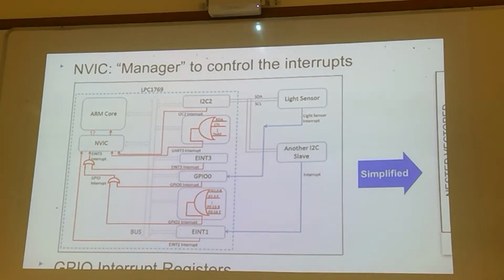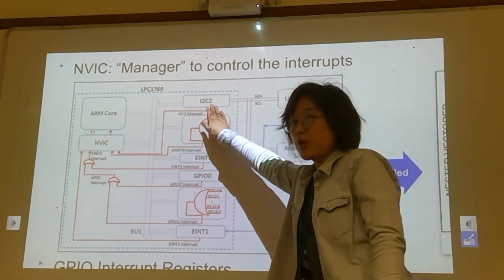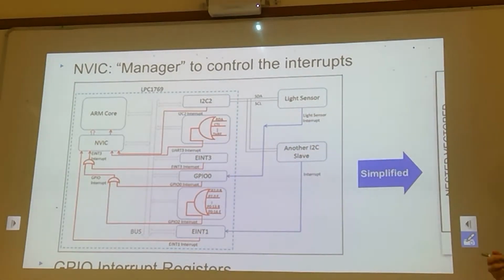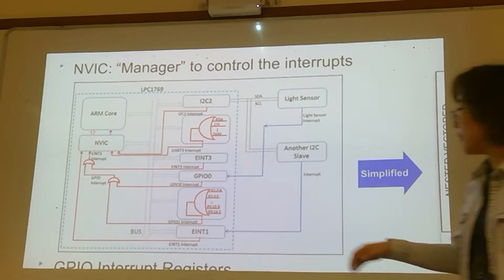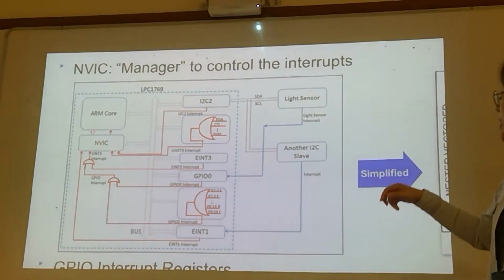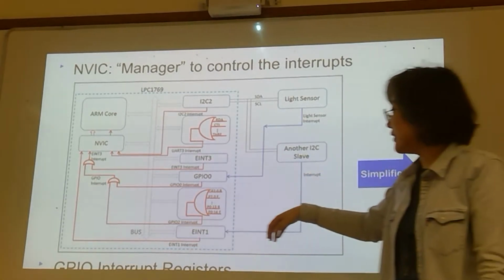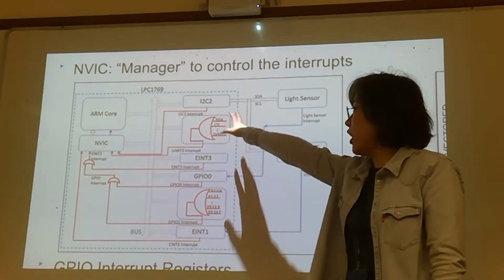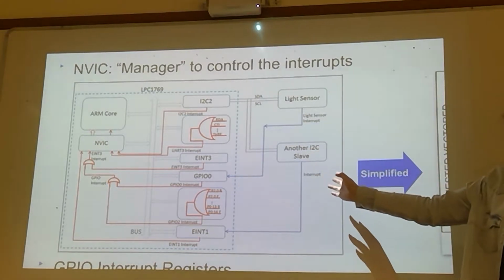And you also have I2C devices, for example your 7-segment, your temperature sensor, and your light sensor. And some of them are SPI devices. So your NVIC is handling all of them.